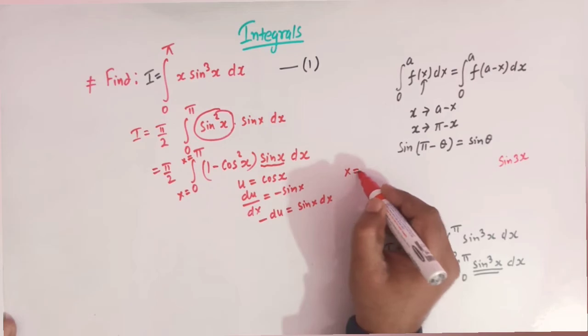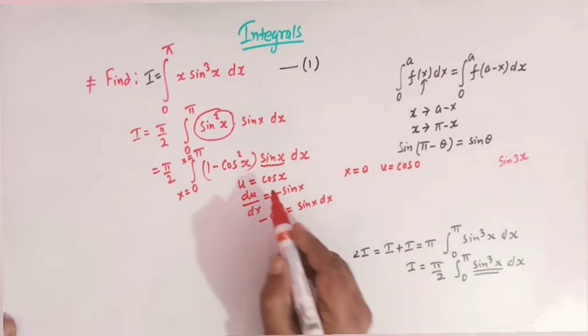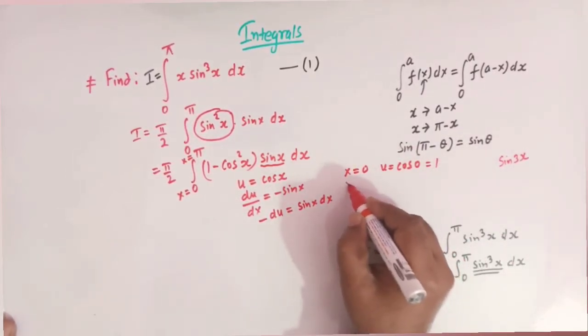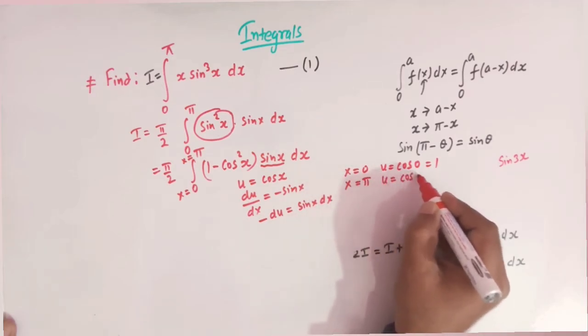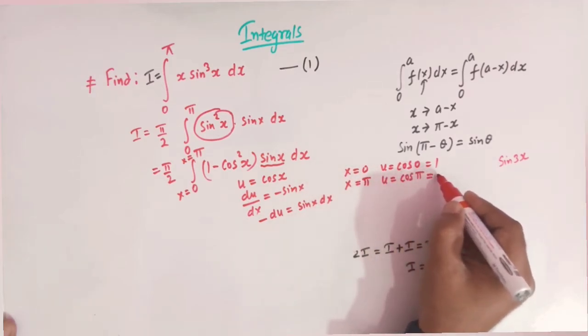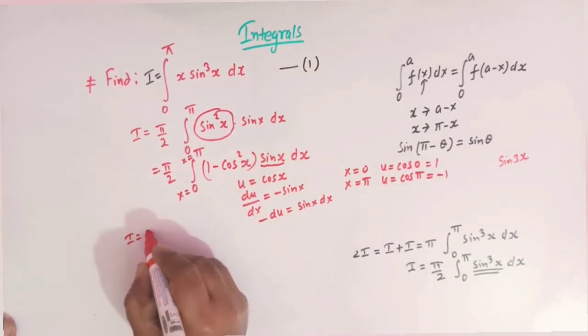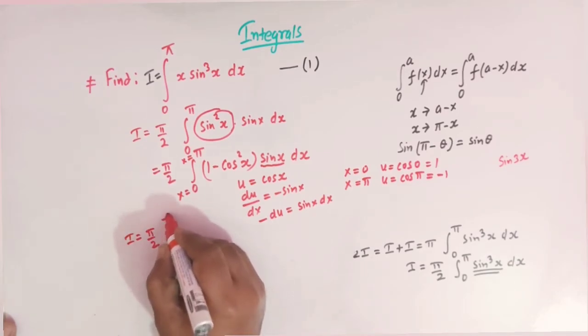So when x is 0, then u is cos of 0, because here we'll take x is equal to 0, cos of 0 is 1. When x is pi, we have u is equal to cos of pi is equal to minus 1, right? So now I is pi over 2, and we have the limits from 1 to minus 1.